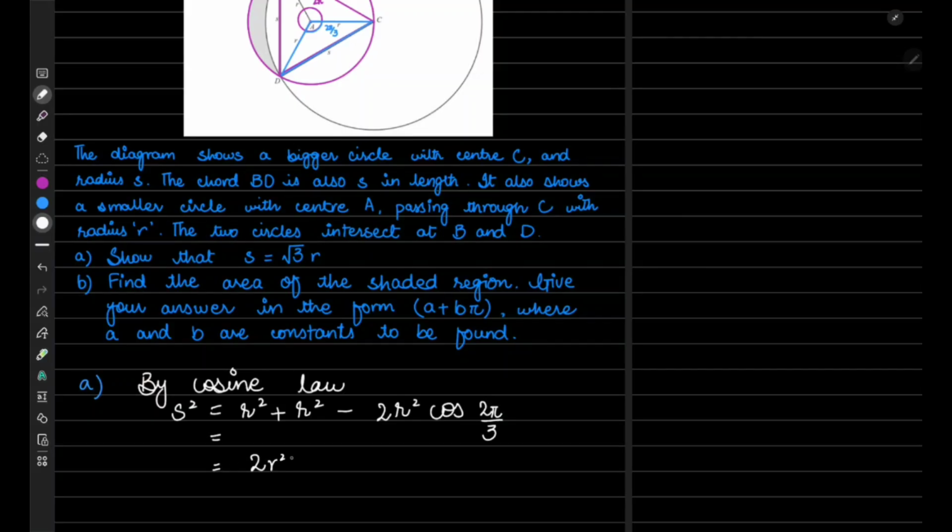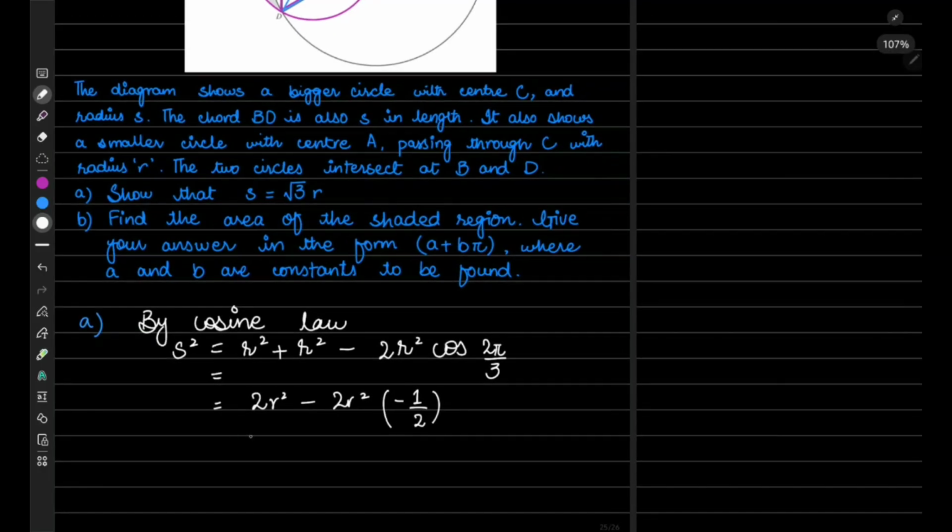Two R squared minus 2R squared cos 2 pi by 3, which is actually minus half. So that will give you 2R squared plus R squared equals S squared, and S turns out to be root 3 R.